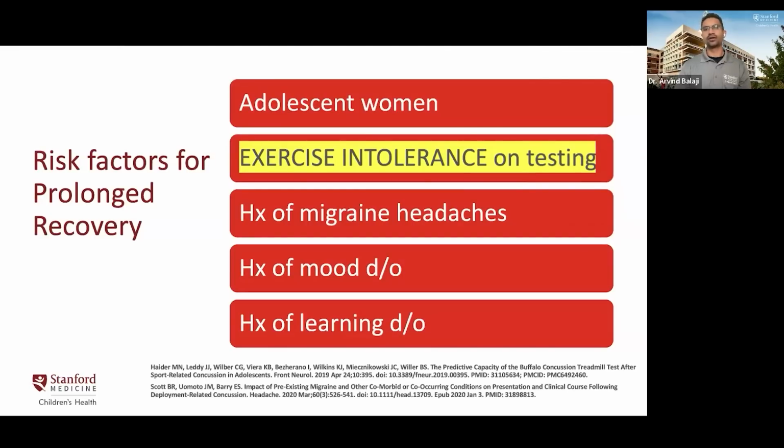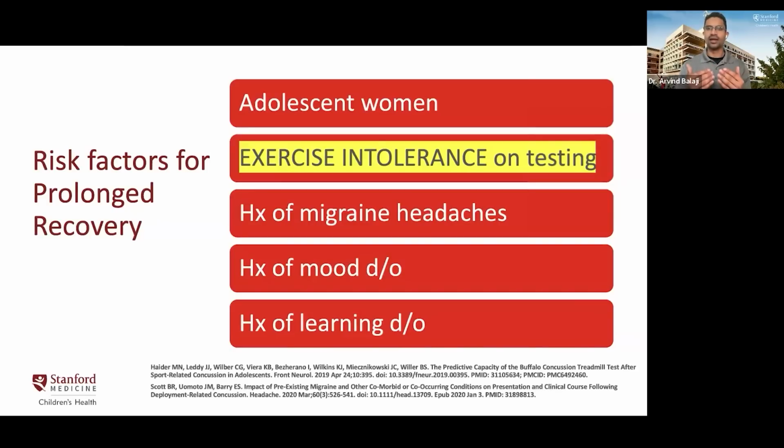And those are that if you are an adolescent female, the recovery rate seems to be a little bit longer for you. This is a very fascinating topic because it's not clear why that is. What recent studies have actually indicated is that when adolescent females suffer a concussion, they may not provide you with a diary of symptoms that are what is classically taught.